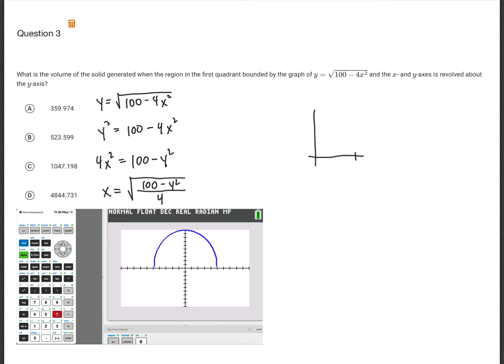We can also tell that this will go from 0 to 5 in the x direction. That doesn't matter too much for this problem, but it will for other problems. Okay, so this is the first quadrant, and it's this area here that's being rotated.